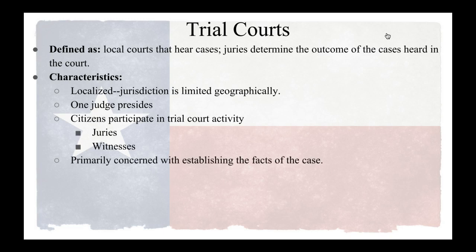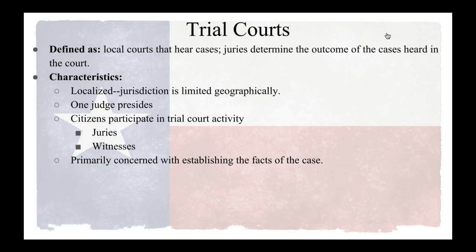Another characteristic is that they're primarily concerned with establishing the facts of the case. When we leave a trial court and head to the appellate court system, the appellate court does not retry a case.